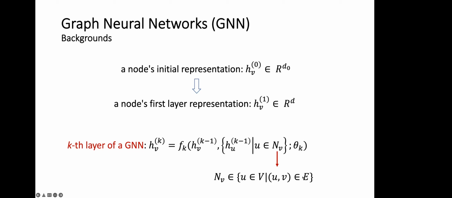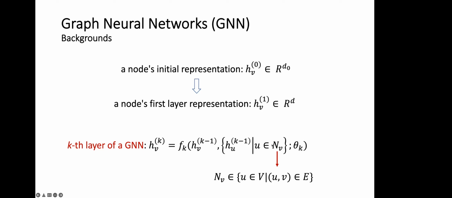So in general, the kth layer of a GNN is a parametric function f_k that is applied to each node by considering its neighbors. We can look at the equation here. The input of the parametric function f_k is the node representation of V in the last layer k minus 1, and the representation vectors of all its neighbors in the last layer k minus 1.